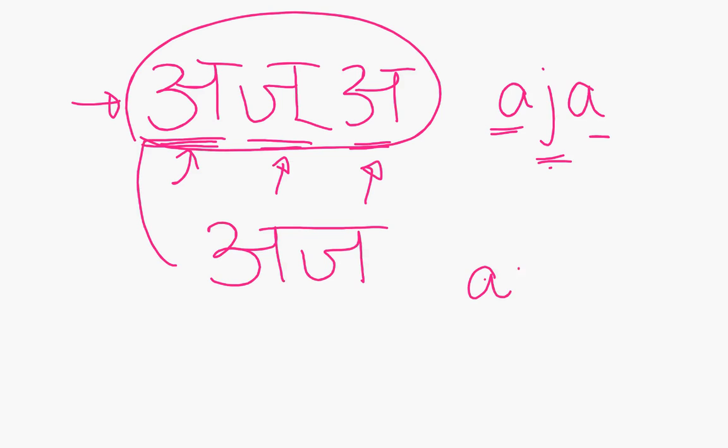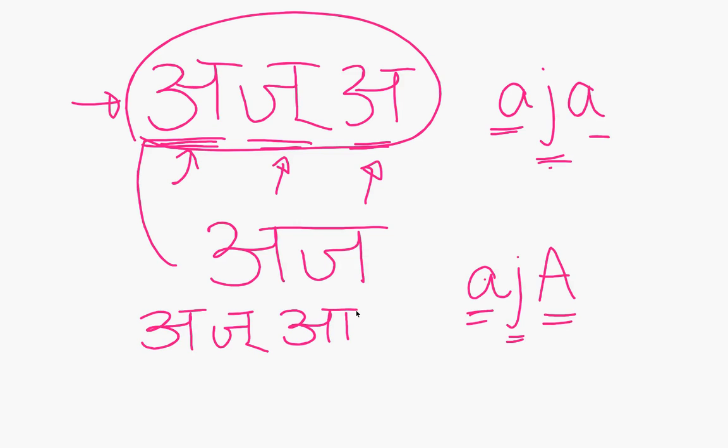Similarly, Aja, the she-goat we are talking about, I was writing like this. So the sound of A, the sound of the J consonant, and this is the sound of A again. In Devanagari, technically it can be written like this, and it should be pronounced as Aja.